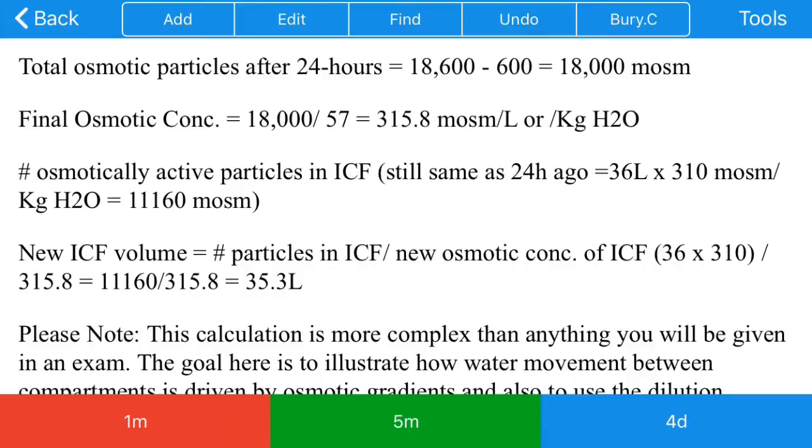So the original one was 36, and the new one is the new osmotic concentration, divided by whatever the new stuff is.